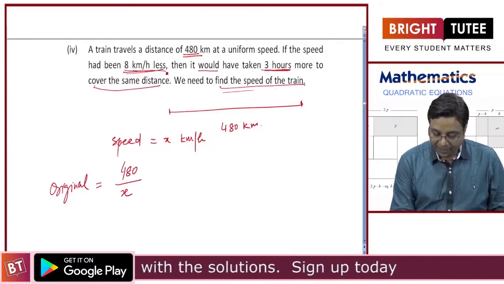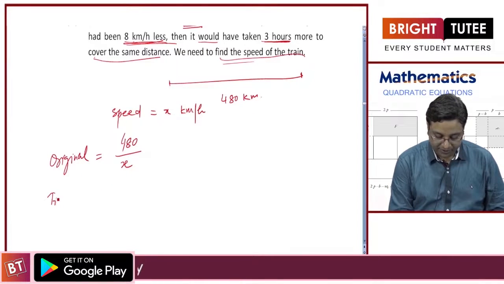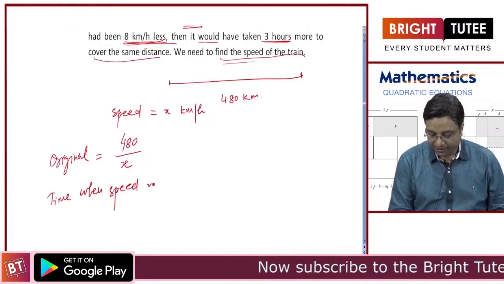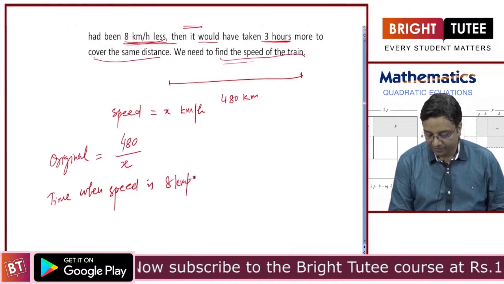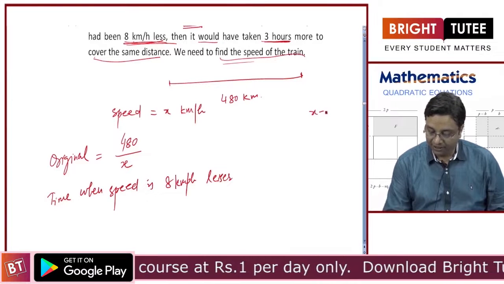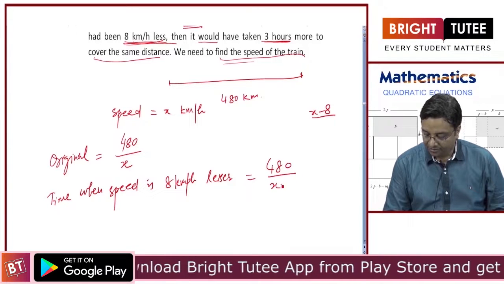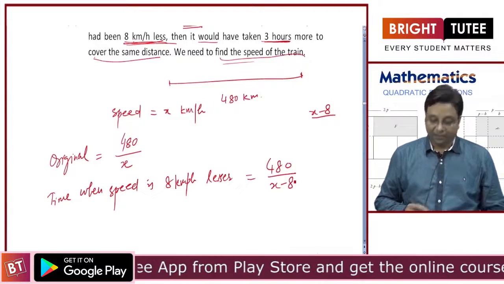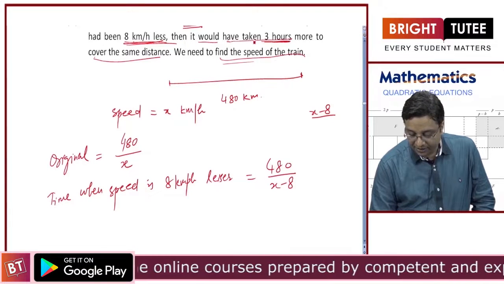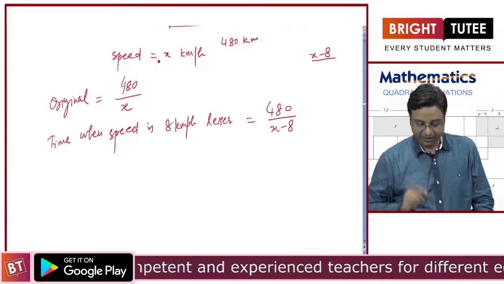Now if the speed had been 8 kilometers per hour less, what was the time taken? Time when speed is 8 kmph lesser. So the speed will be x minus 8. So the time taken will be 480 by x minus 8. Now the question says that it is taking 3 hours more to complete the same distance.